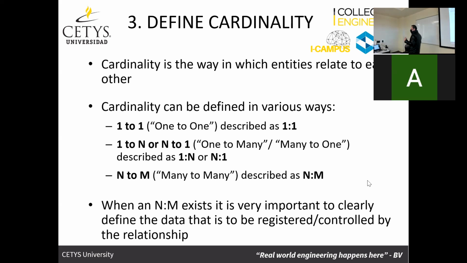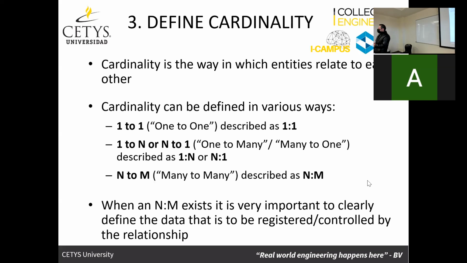Because if we're talking about citizens and INEs, as I was mentioning, you can't have one citizen that has many INEs, right? That would even be, I think, illegal. And on the other hand, an INE can only be assigned to one citizen, okay? So that's an example of a one-to-one relationship.